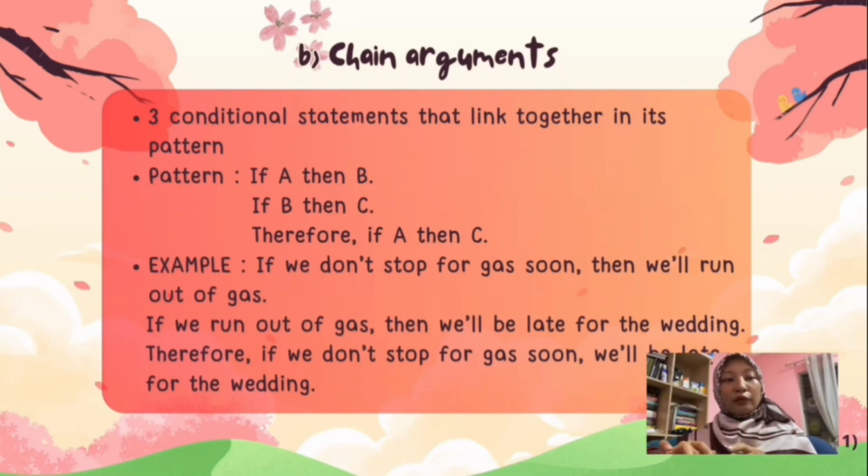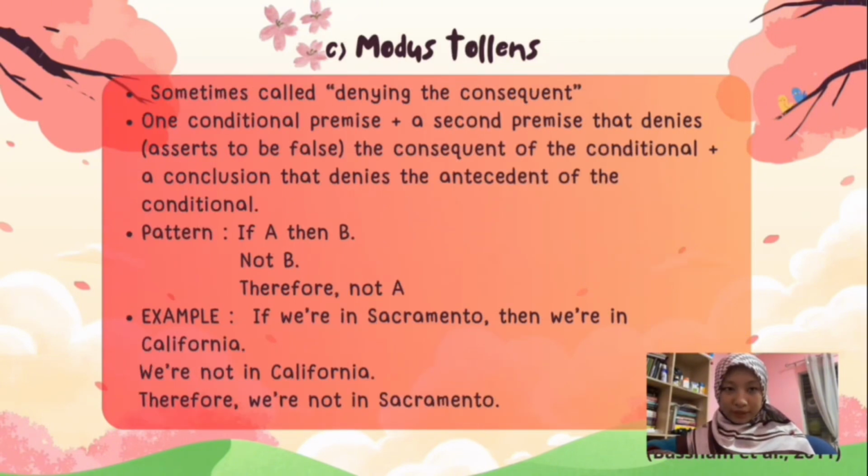If we run out of gas, then we will be late for the wedding. Therefore, if we don't stop for gas soon, we will be late for the wedding. So can you see the connection between them? If you don't stop for gas soon, then we will run out of gas. When we run out of gas, then we will be late for the wedding.